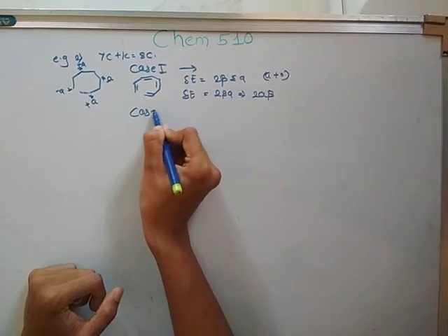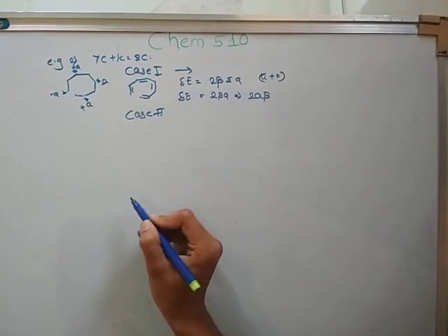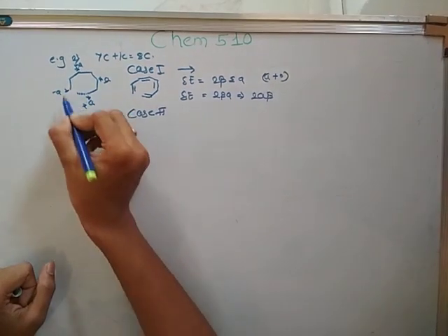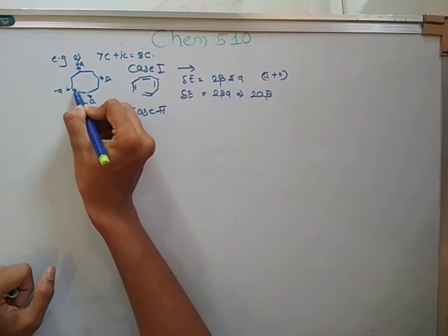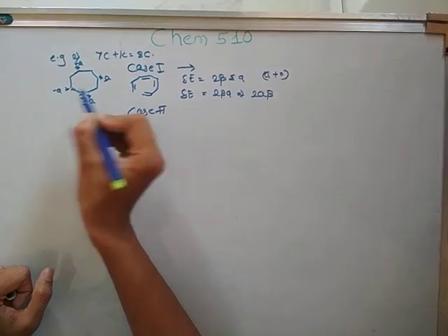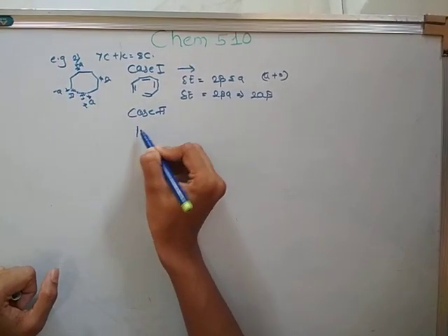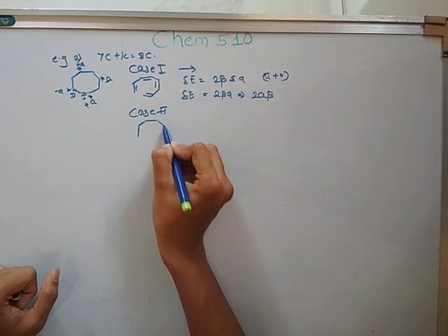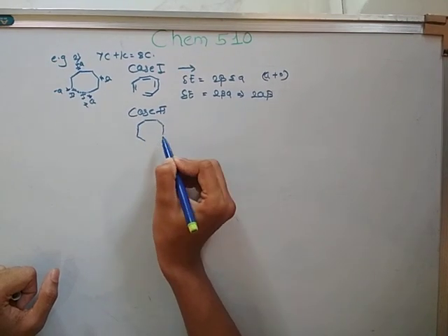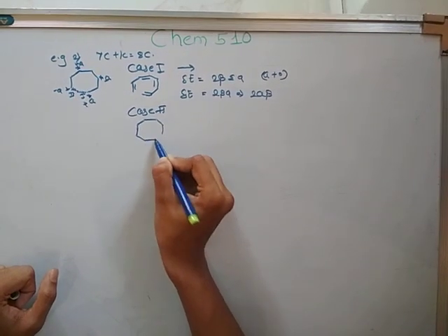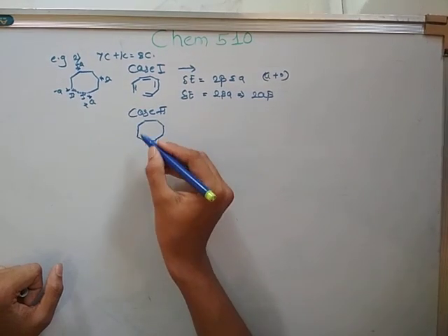Case second: this is the first case, this is the second case, and this bond is formed. So cyclooctatetraene is formed.